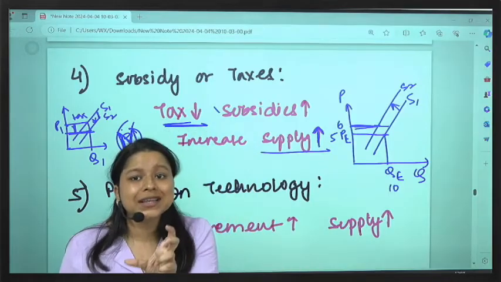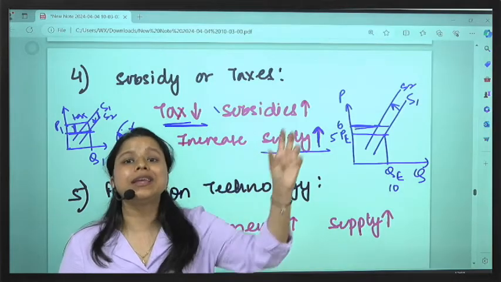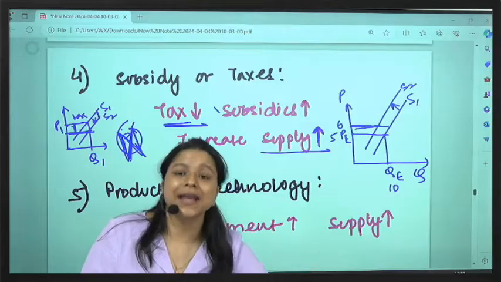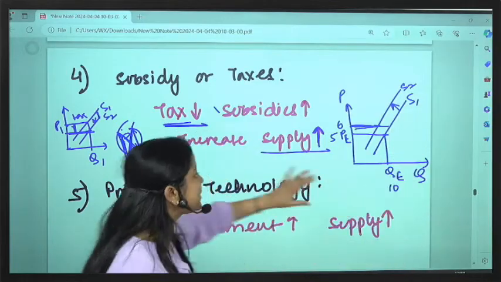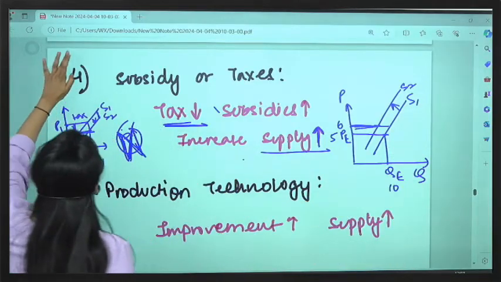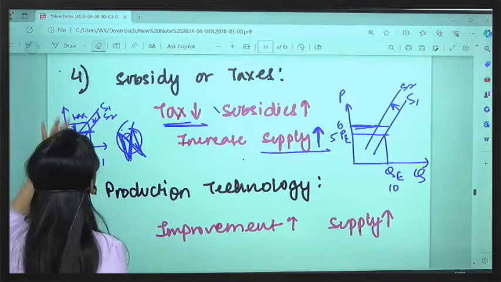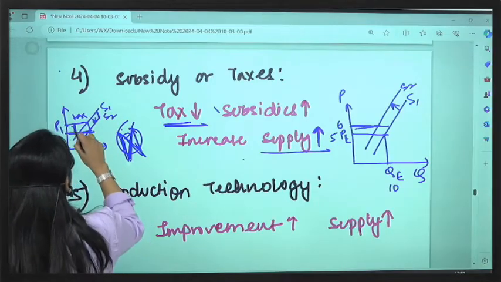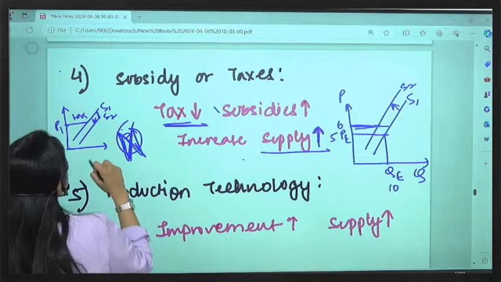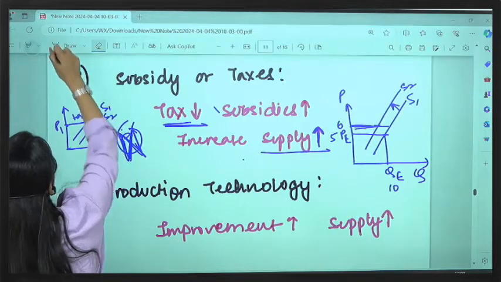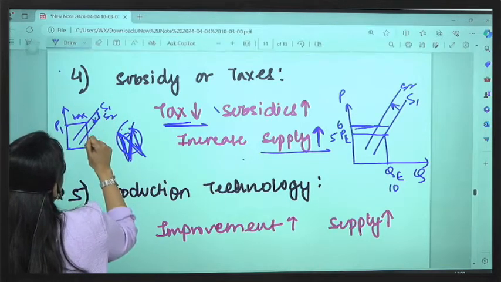Your price does not exactly change by the amount of change in the tax. This is something which we'll be studying later when we'll be studying the implication of tax. But this change in price is not exactly the same as the change in your tax.